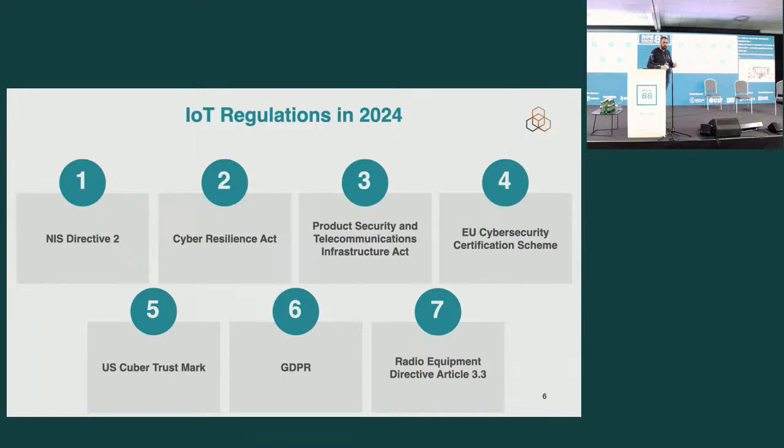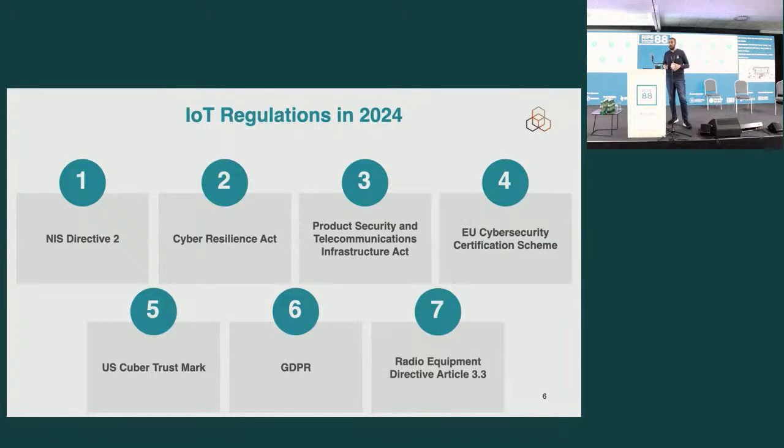For example, Singapore is introducing a cybersecurity labeling scheme for IoT devices. There are some things happening in the Middle East between the UAE and Saudi Arabia. But what I'm going to talk about here briefly is mainly EU predominantly, a little bit of UK, and a little bit of the US.